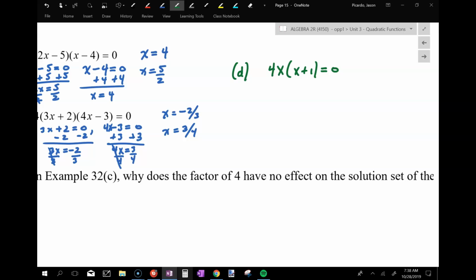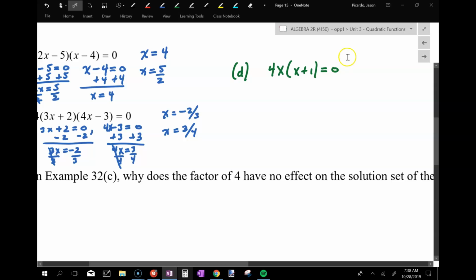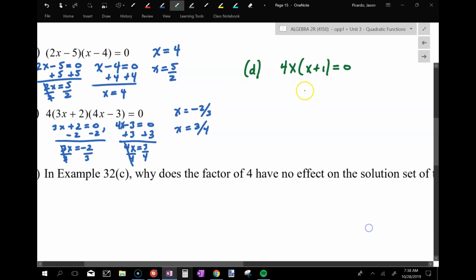I still have two factors, right? I still have two factors because again, what do factors do? Multiply, right? So here's one thing being multiplied by this thing, right? So I think we can really easily agree that this is going to be an answer of -1, right? And if we want to set it up, there's our answer of -1.